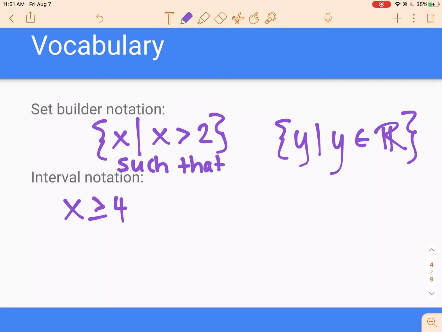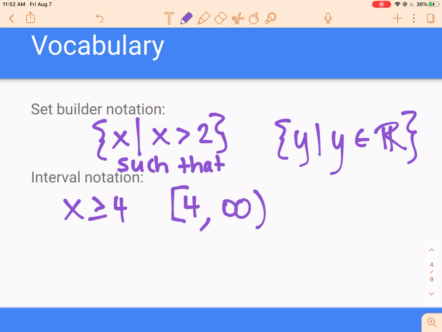This is inequality notation, but we're going to write it as 4 with a hard, solid square bracket, those are the words we use, comma, infinity, soft bracket. Now you say, well, that's not a bracket, it's a parentheses. Well, I can use the word bracket if I also describe it as a soft bracket. So soft bracket and parentheses are interchangeable.